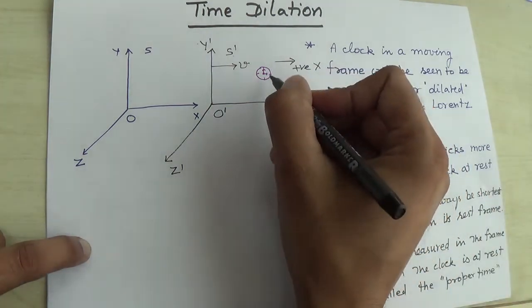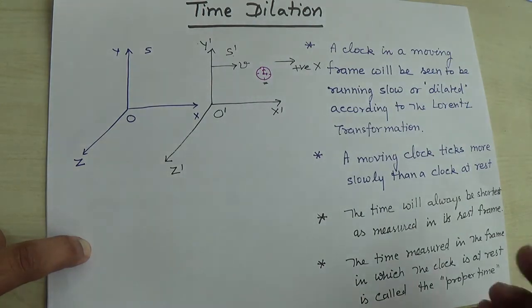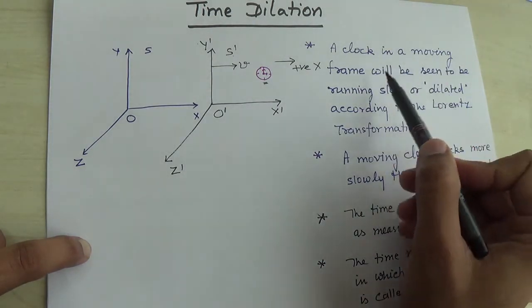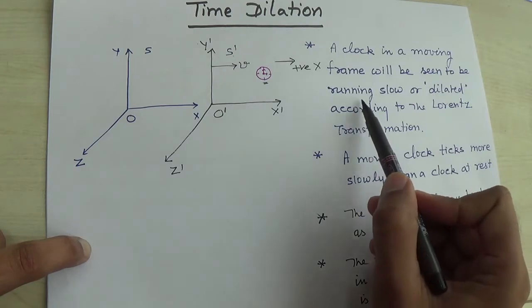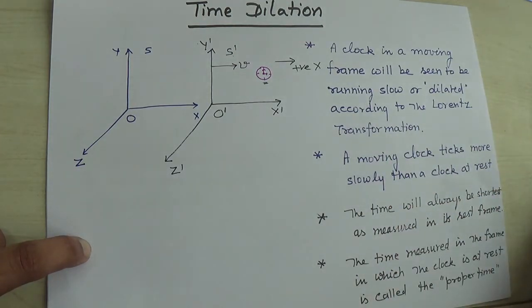A clock is fixed at this particular point in the S prime frame. A clock in a moving frame will be seen to be running slow, or dilated, according to the Lorentz transformation. This is one of the important points: a moving clock ticks more slowly than a clock at rest.